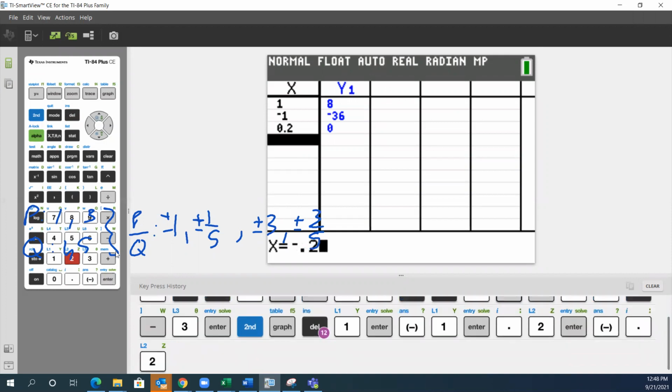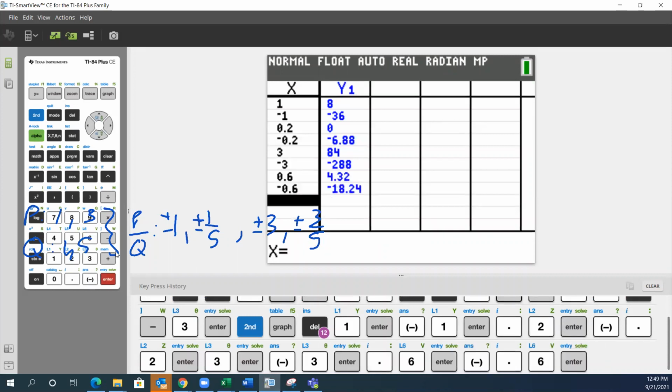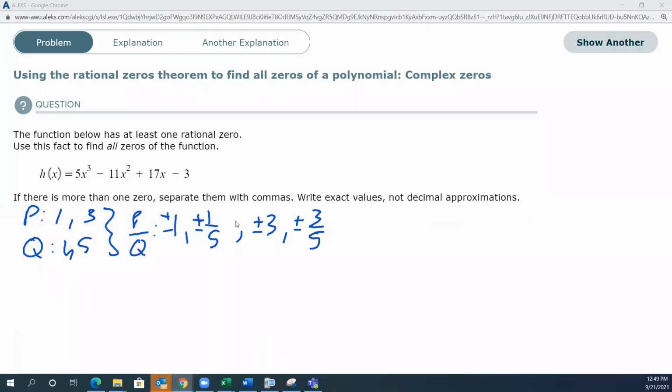I'll check the rest, though I don't expect any of them to work. Okay, 3, -3. Oh, 3/5 and -3/5. Okay, so 1/5 is the only one that works. All right, so that is good to know.